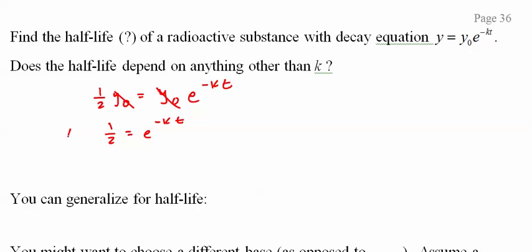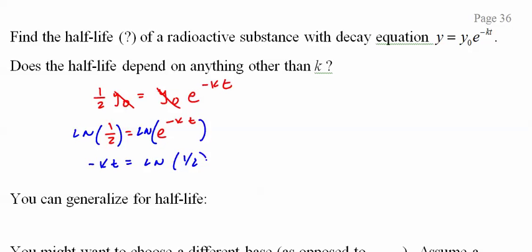You take the natural log of both sides. And you get negative kt, I'm going to write it over here, equals natural log of 1/2, and divide through by negative k, gives us our half-life.